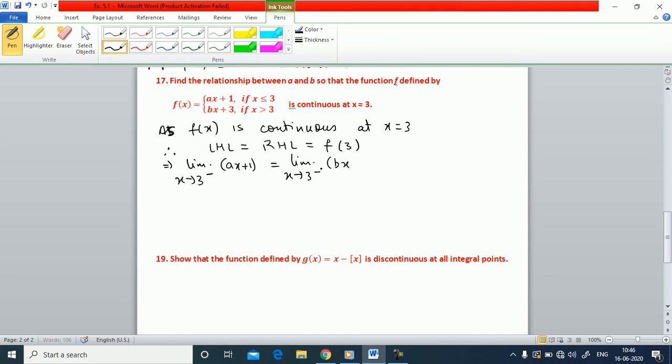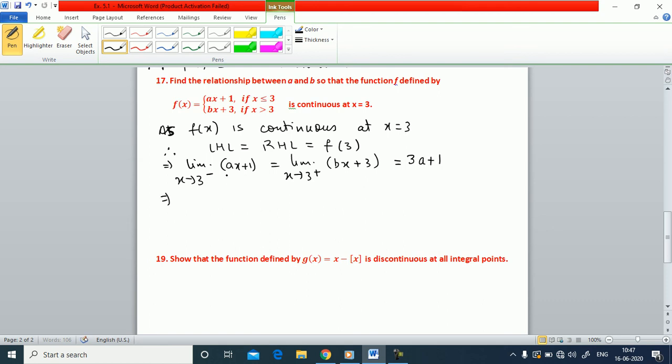So we'll write bx plus 3. This is on the right of 3. And this should be further equal to the value of the function at 3. So when x is equal to 3, the function is ax plus 1. Here we will replace x by 3. So f(3) is 3a plus 1.